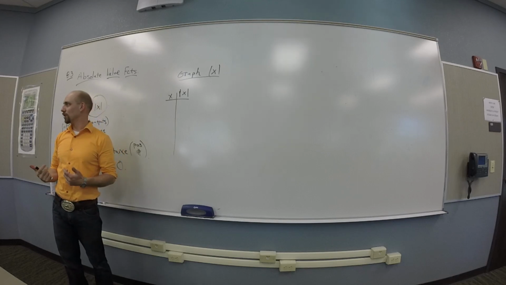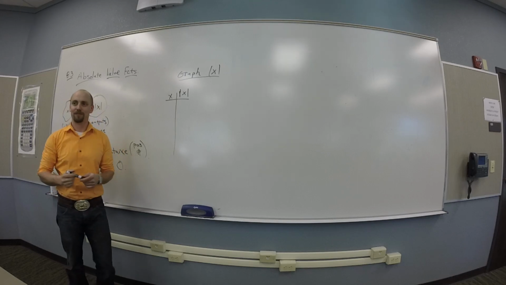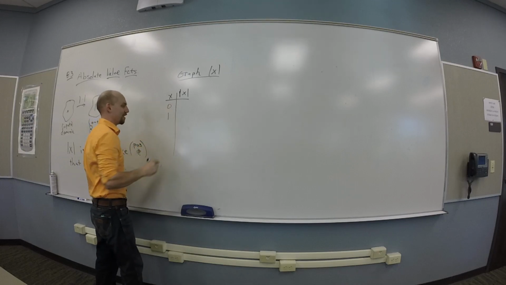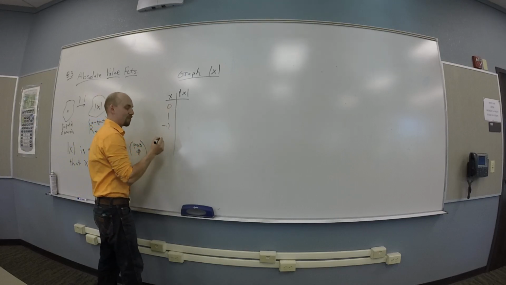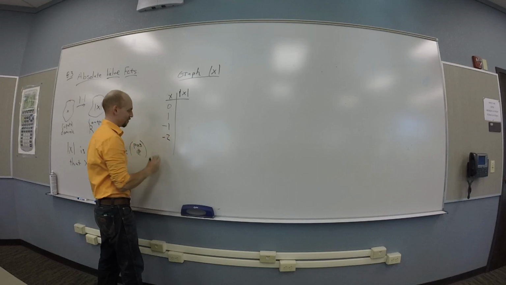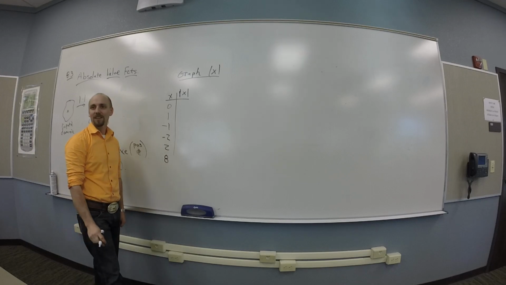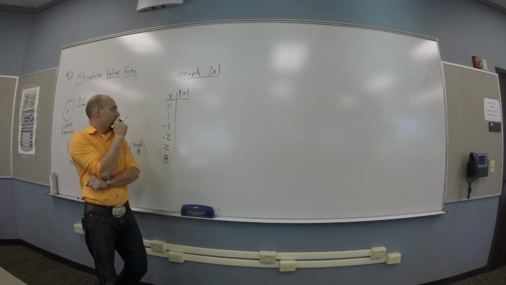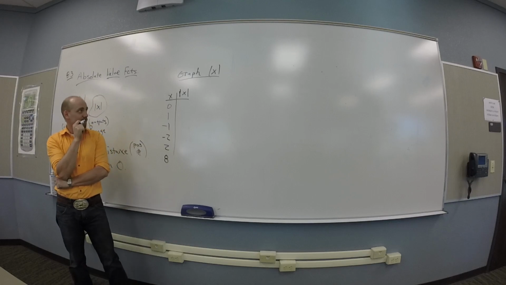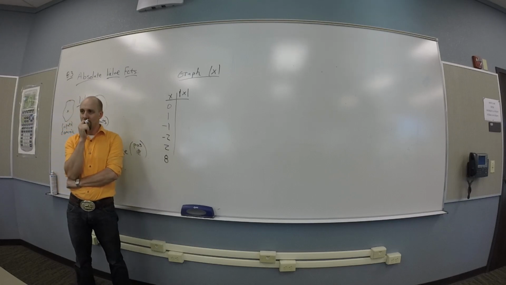What are my 5 favorite points? 0, 1, negative 1, 2, negative 2. All right. What's the absolute value of 0? 0.